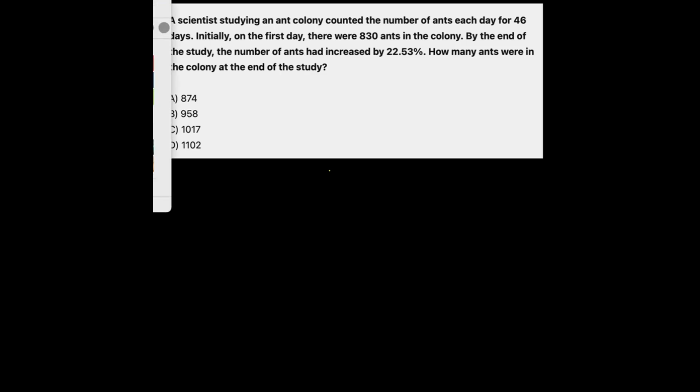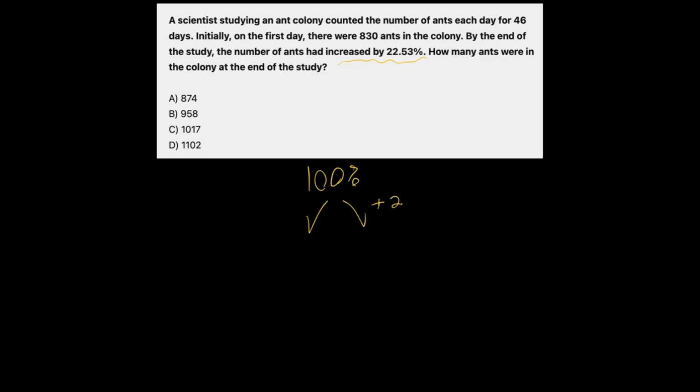So we're seeing that our number increased by 22.53%. So just like on the other questions, you start at 100% and you imagine what would happen if you went up by 22.53% or if you went down by 22.53%.